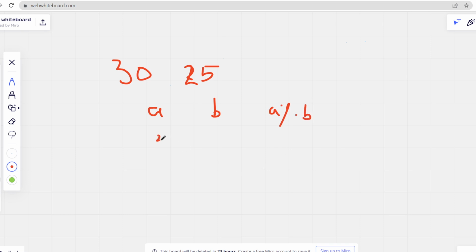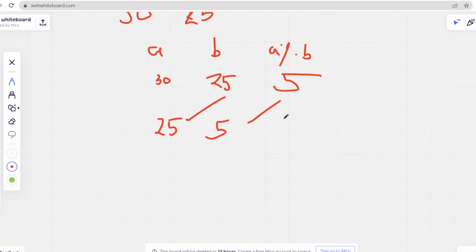So we'll copy 30 and 25 in the first call, and then what we want to calculate is 30 modulo 25, we will get 5. Then we will make a recursive call copying this 25 here and this 5 here, and then again we'll calculate a modulo b, which will be 0 in this case.